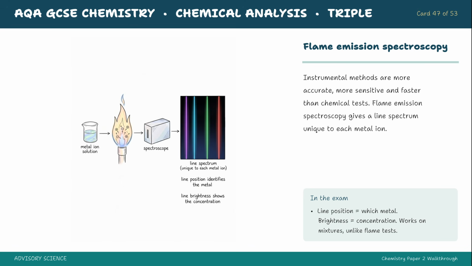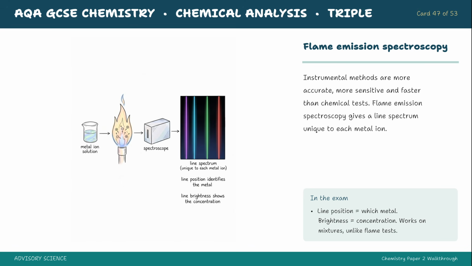This is used to identify metal ions in solution. The sample is put into a flame, and the light given off is passed into a spectroscope. This produces a line spectrum that's unique to each metal ion, a bit like a fingerprint. The position of the lines identifies the metal, and the intensity or brightness of the lines shows the concentration.